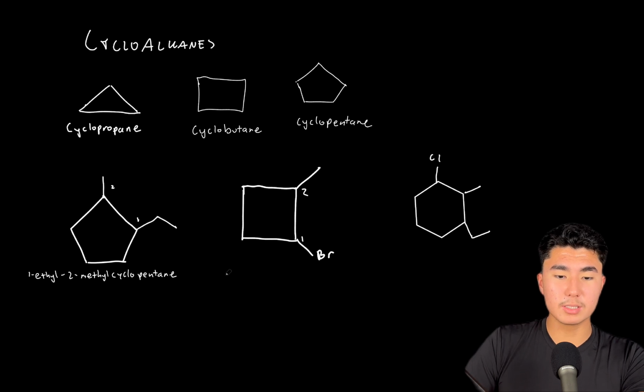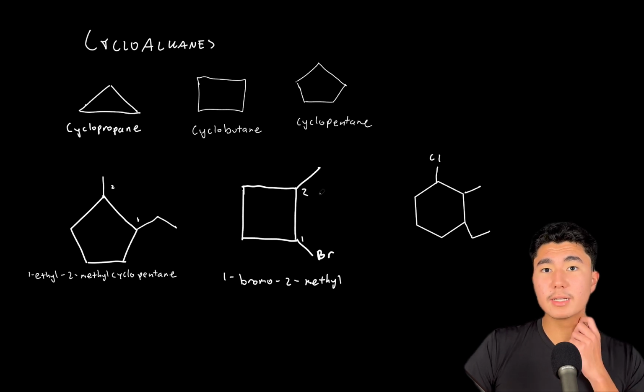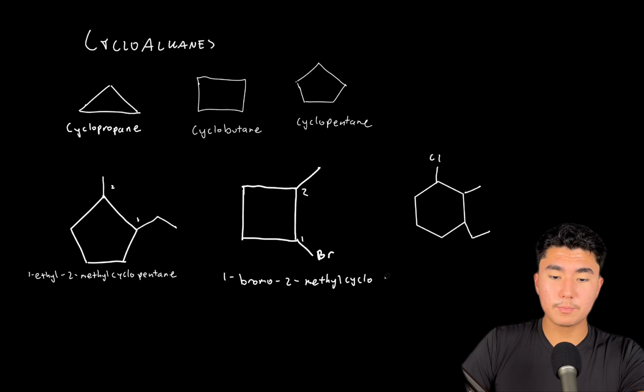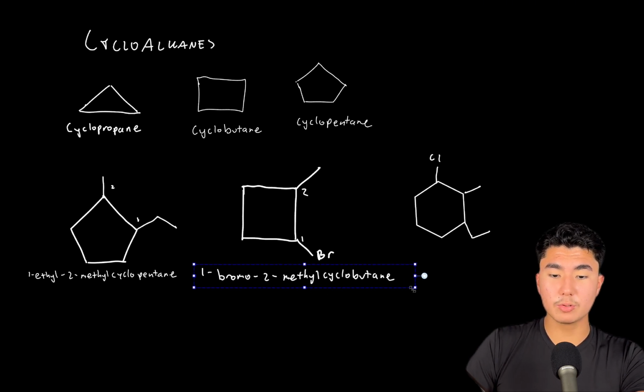Second carbon, so this is going to be 1 dash bromo, and then 2 dash methyl. And we know we have 4 sides, so this is going to be a cyclobutane. So for our second organic molecule, this is going to be 1 bromo, 2 methyl cyclobutane.